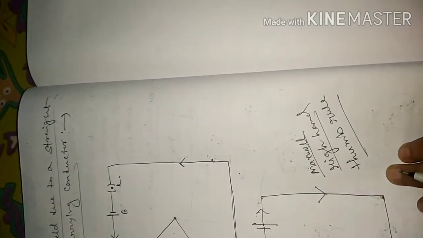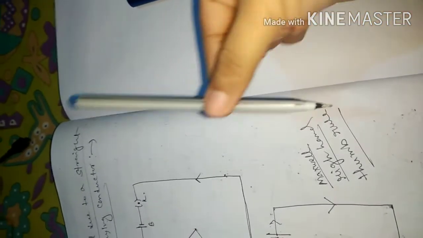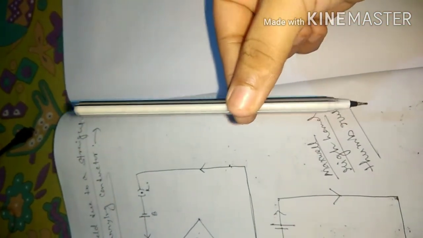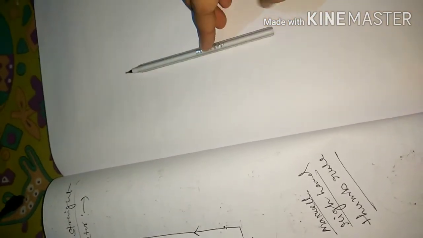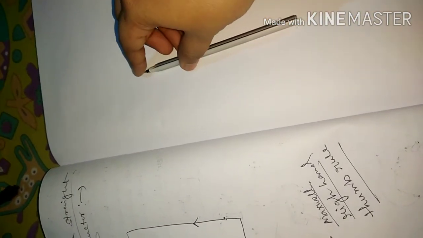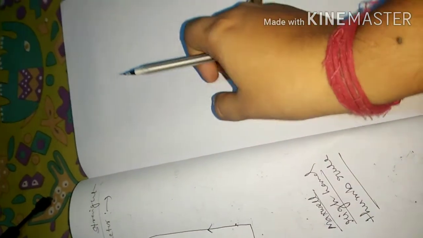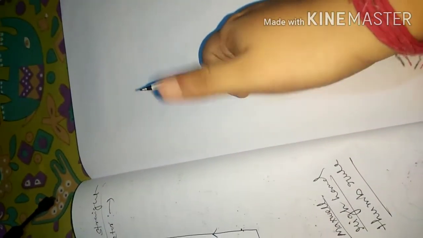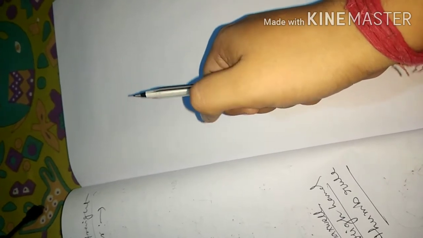So how do we understand this law? Maxwell right hand thumb rule means we use our right hand. Suppose this is a conducting wire through which the electric current flows, from this side to this side. We hold this pen, or this conductor, like this, and we place our right hand thumb in the direction in which the current will flow.